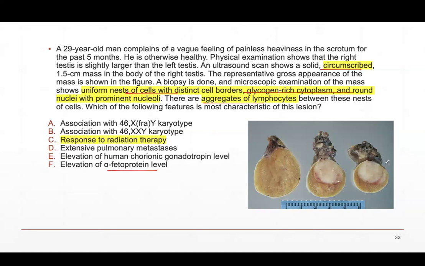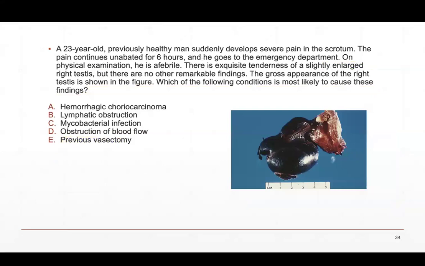So I'll give you the options: seminoma, embryonal carcinoma, yolk sac tumor, choriocarcinoma. Let's also say teratoma. Yolk sac, excellent. So the yolk sac has alpha fetoprotein. Choriocarcinoma has HCG. Now I'm gonna trip you up a little bit. Okay, later I'll trip you up a little bit. Not now. We'll get back to the testicular tumors in a bit, I think.